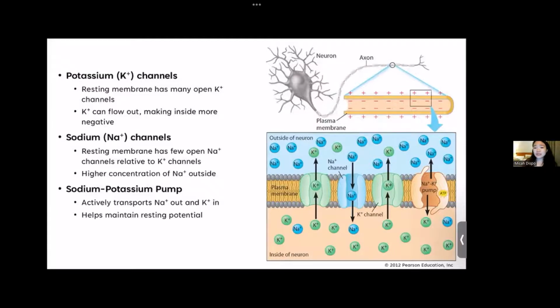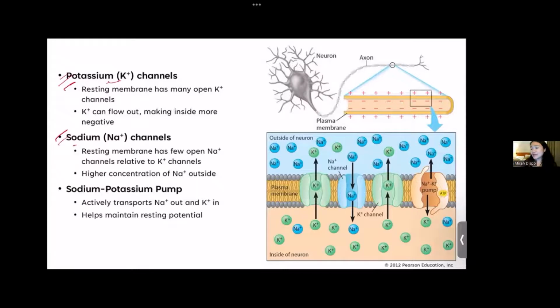We have our potassium and sodium channels, and it is important to note that more potassium channels are open compared to sodium channels. So more potassium leaks towards the outside of the cell, making the inside of the neuron even more negative.